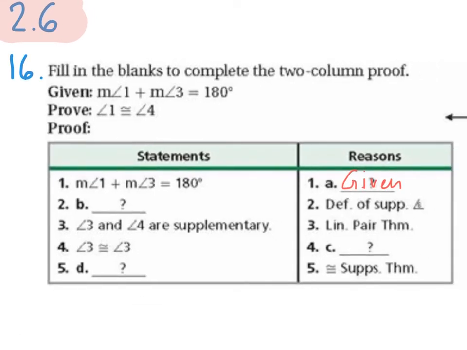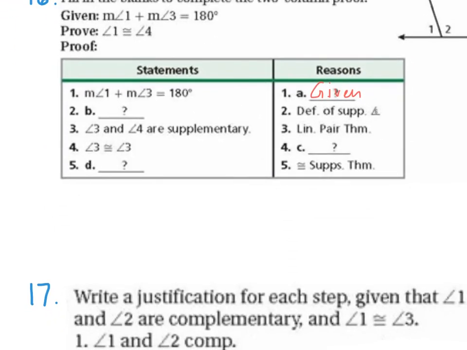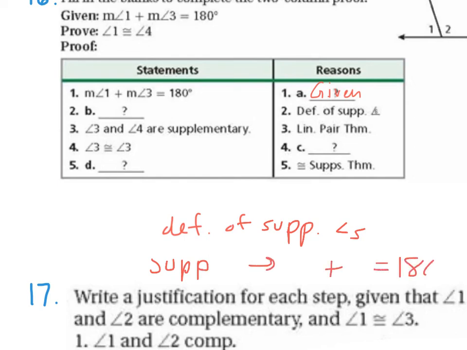Now because of the definition of supplementary angles, I'll write that down here. The definition of supplementary angles states that if two angles are supplementary, then they add to equal 180 degrees.